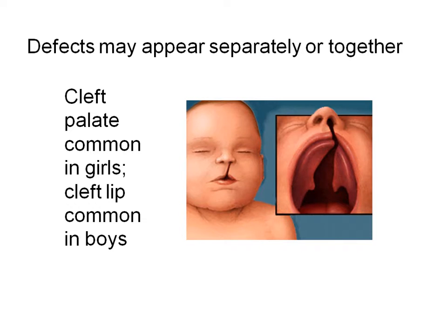In cleft palate, there is a failure of the primary and secondary palatal plates to fuse during embryonic development. This process usually occurs during the 7th to 12th week of gestational development.